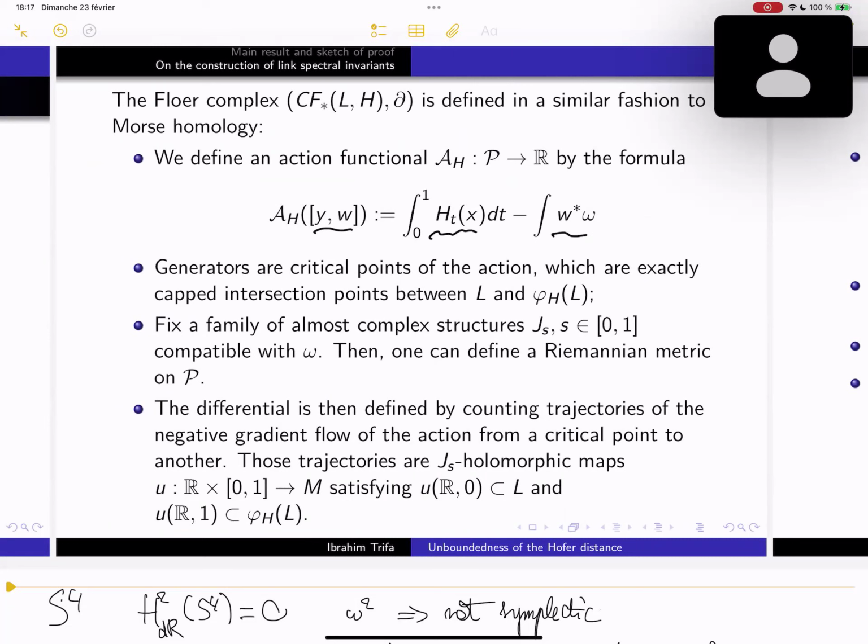So if we change the reference path, we are moving this area, and we're also moving this integral here. And so one can, in fact, check that with this formula, both those changes will compensate each other. And so now this action will not depend on the choice of reference path.